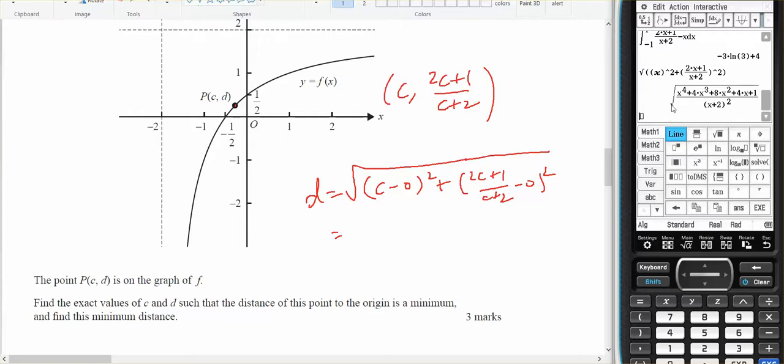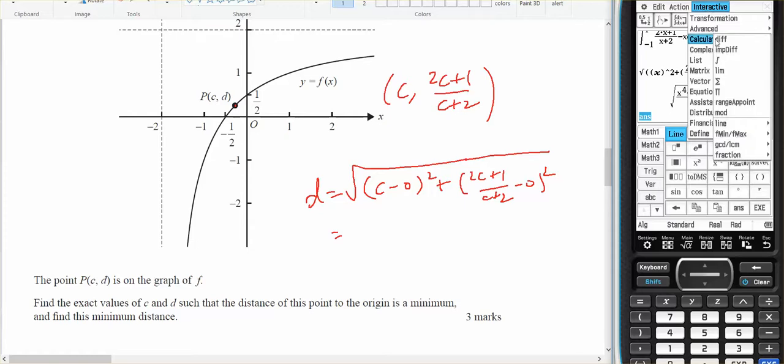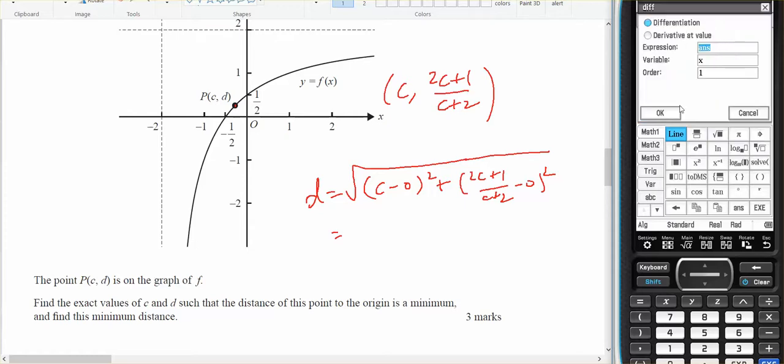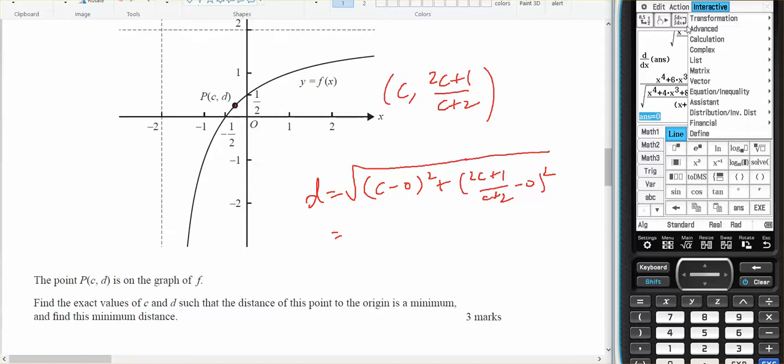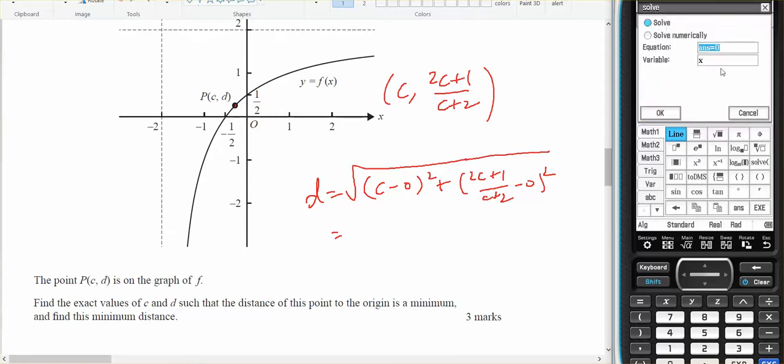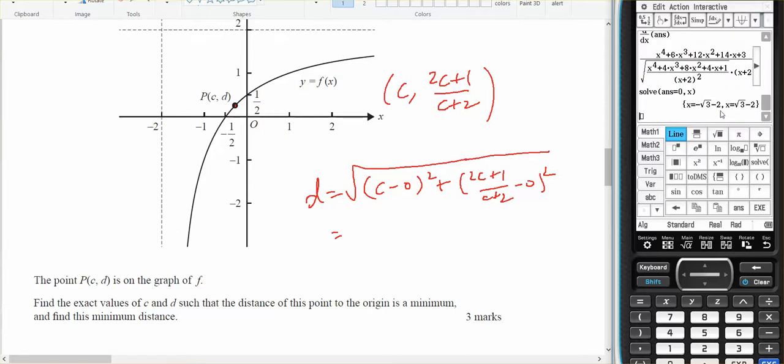And that gives me this. So if I take that answer and take its derivative, and set it equal to 0 and solve for x, I get these two answers.